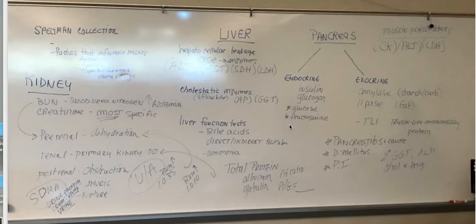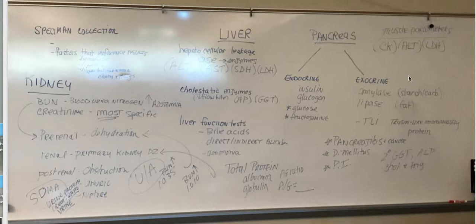The test for endocrine would be more your glucose levels, and then fructosamine, which is not in your notes, but I put it there because it's a really important test, especially for diabetics where we don't know if they're regulated or not. Fructosamine is a specific test that measures the blood glucose over the preceding 2 weeks. So it's really helpful. It would also be helpful in insulinomas.